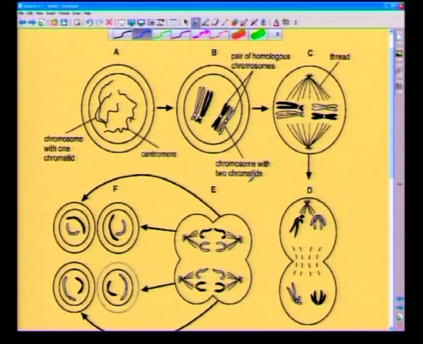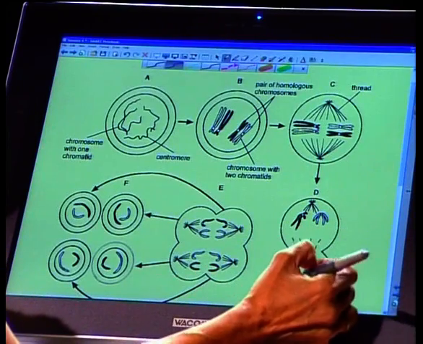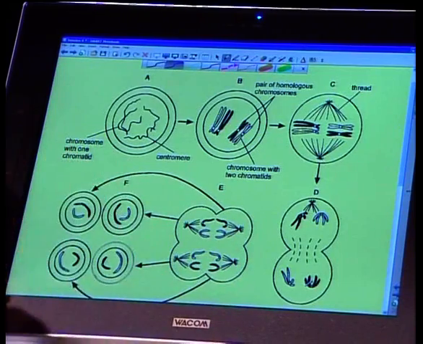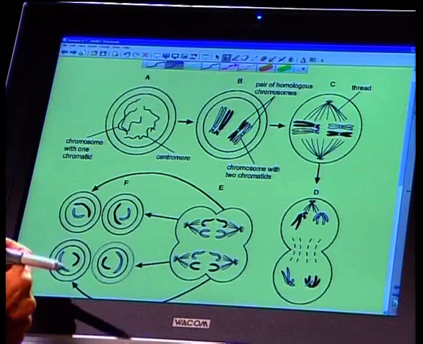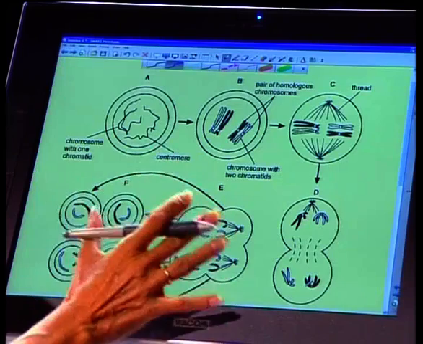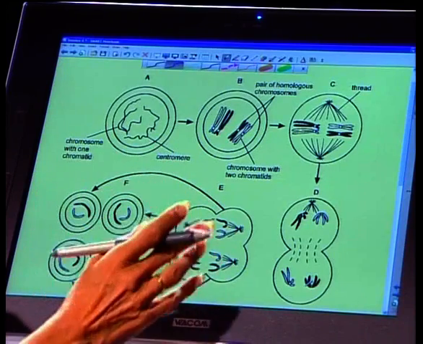Here we have our threads, and in C, they are lining up in the middle, which is metaphase. Then here they're pulling towards the poles, and here we have the whole process taking place where we end up with 4 chromosomes. So they've abbreviated and made the whole process very, very simple.